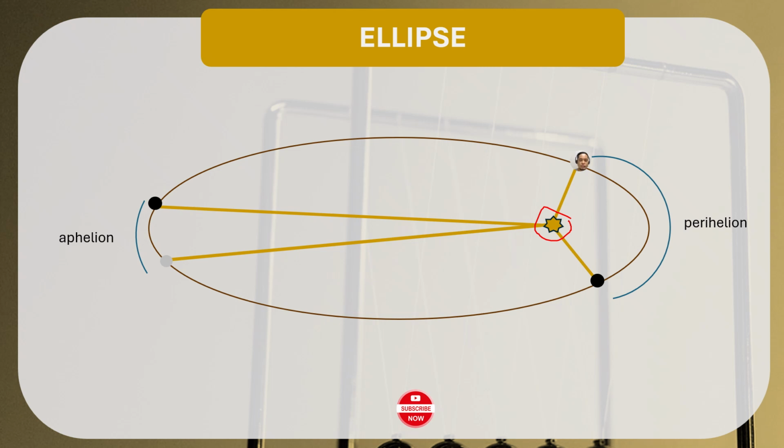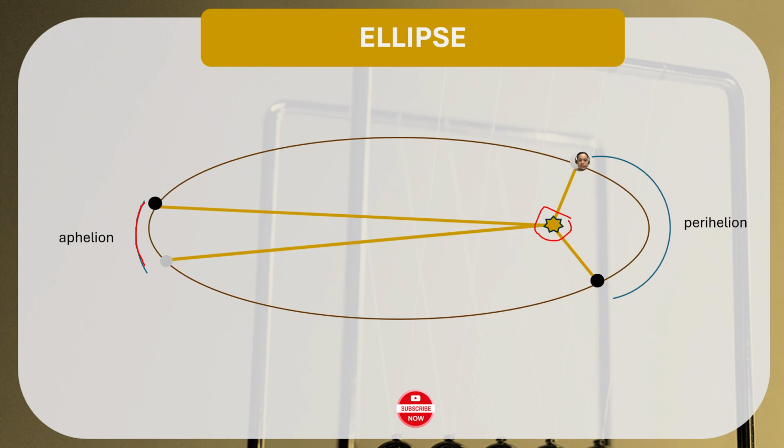So we have here a very short arc. In linear motion, it is a very short displacement because the planet moves slower this time.